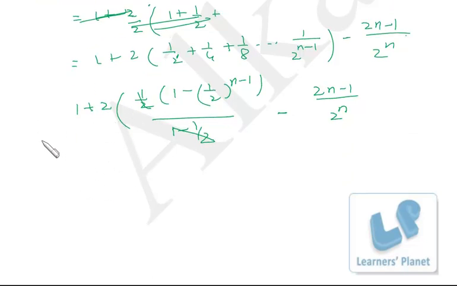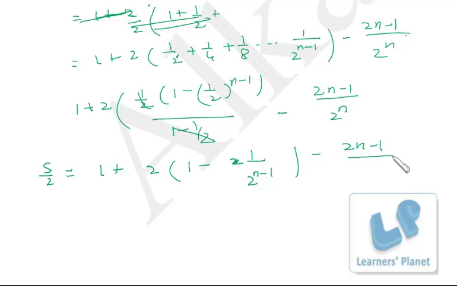So s by 2 is equal to 1 plus 2, 1 minus 2 raised to minus n minus 1, or we can say 1 upon 2 raised to n minus 1, minus 2n minus 1 upon 2 raised to n.